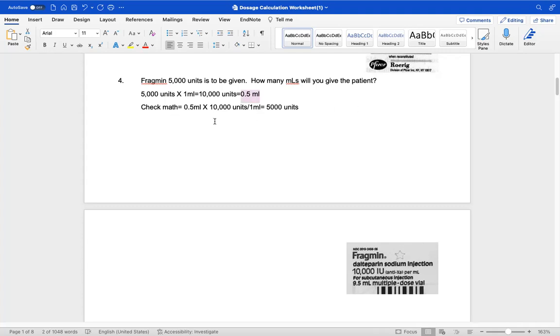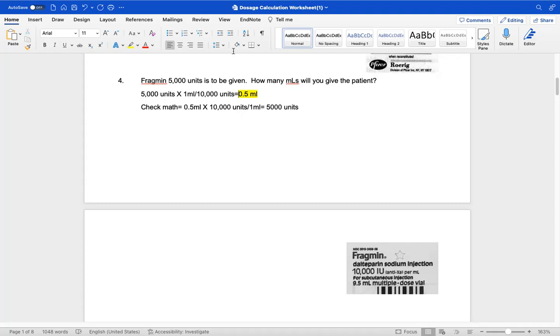So in order to check our math, because again, this is what you have available, this should be an over to start that fraction, sorry. So to check our math, the answer that we just got, that 0.5 mLs, we're going to plug that back into what we have on hand, which is going to be that 10,000 units per 1 mL.